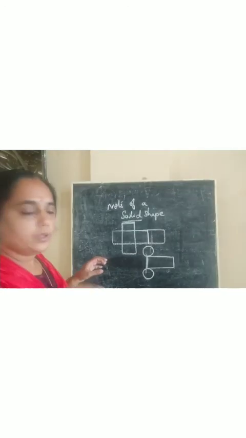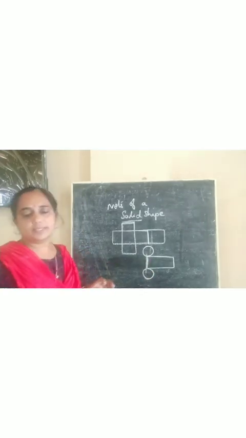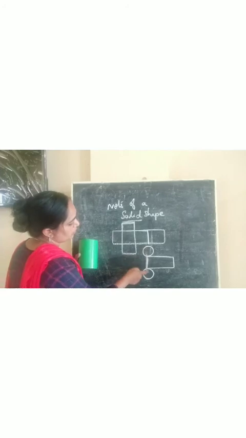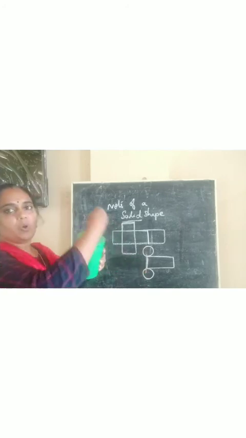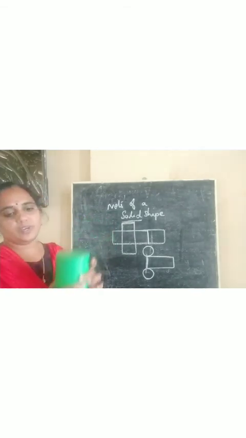For a cylinder, this will be the net of that cylinder. By folding this one, these two circles will be here. We can fold it here. Then if we open it, we can roll this one like this.